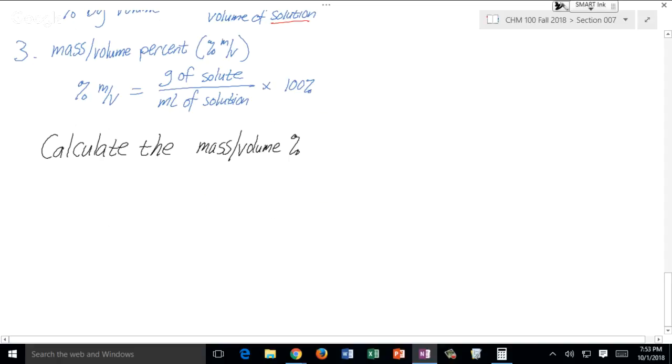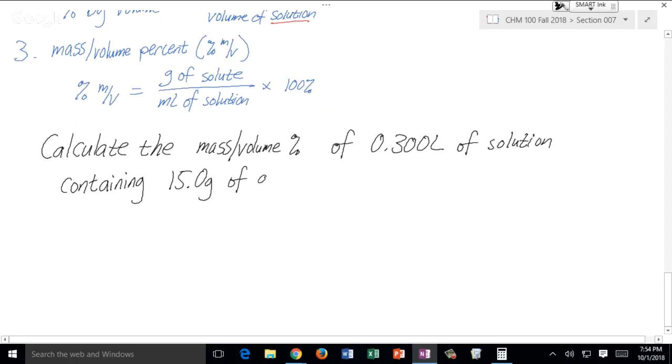Calculate the mass volume percent of 0.300 liters of solution containing 15 grams of glucose. So you want to put 15 grams of glucose in 0.3 liters of solution. Use the equation from up above.